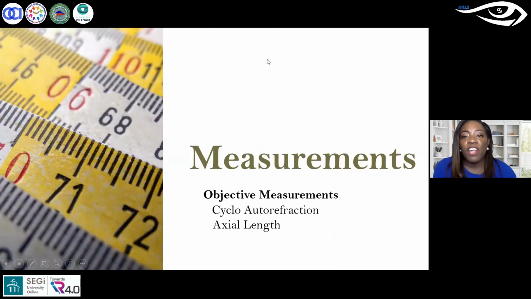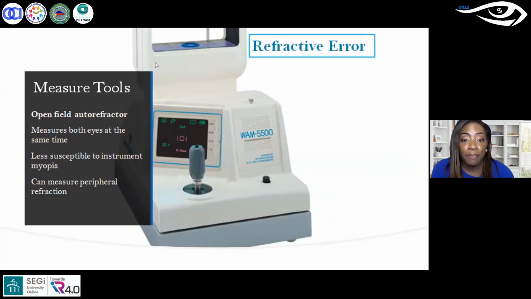As far as measurement tools, you definitely want to do objective measurements, such as cyclo-autorefraction and axial length. One way to do cyclo-autorefraction is using the open field autorefractor. The benefit there is that it can measure both eyes at the same time. This is great for children who move around a lot, and it's also less susceptible to instrument myopia.